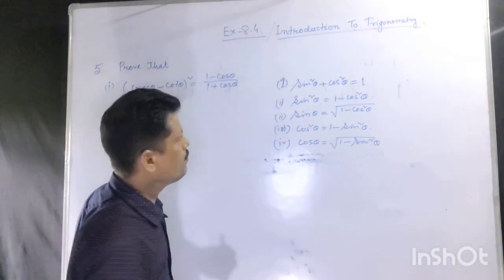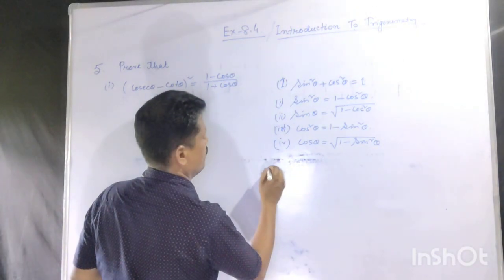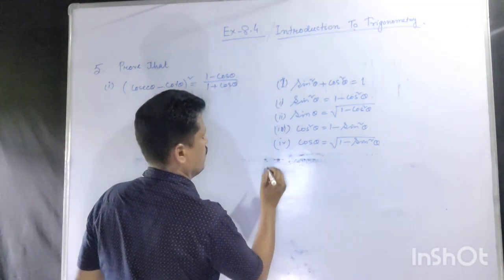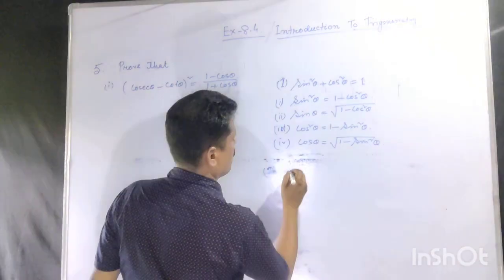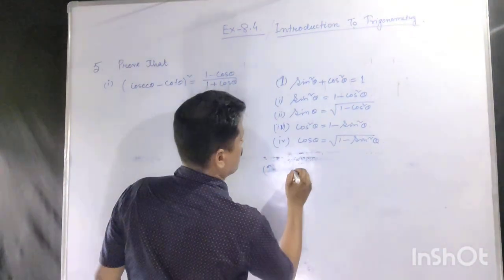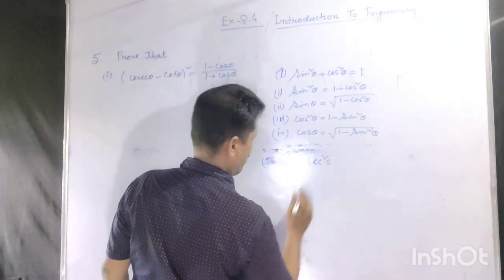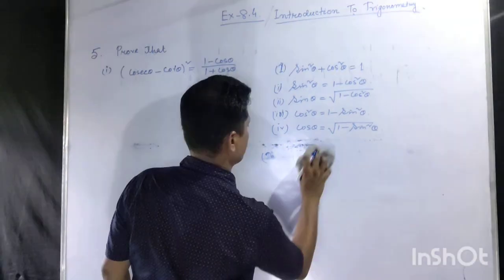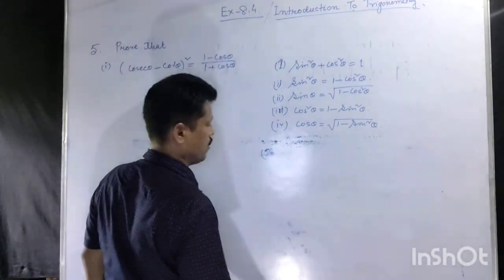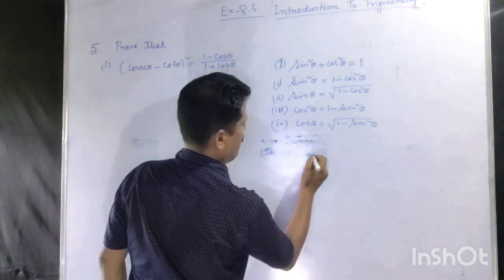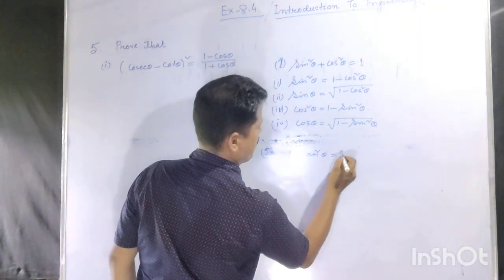Next one, number 2: 1 plus tan square theta is equal to sec square theta.